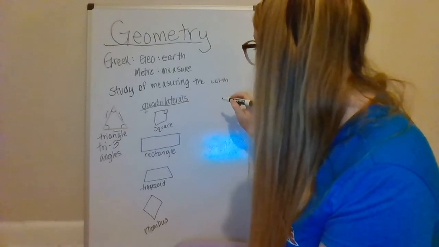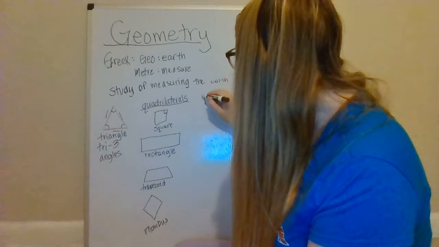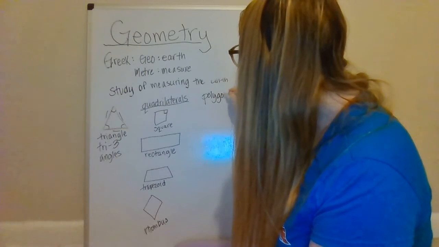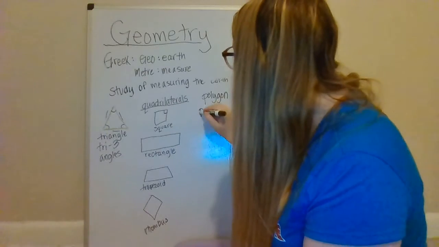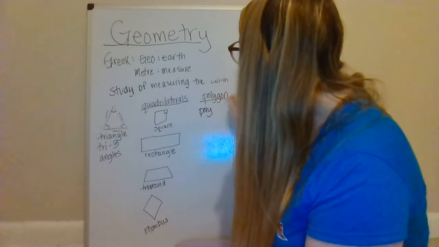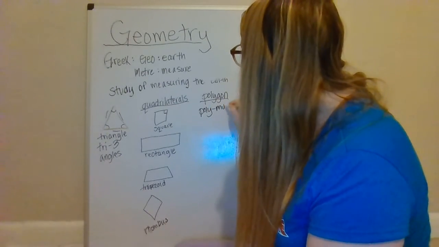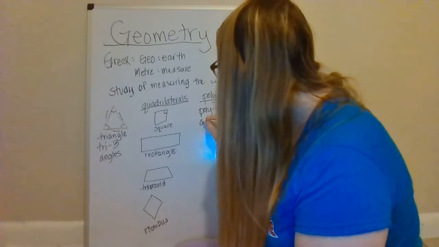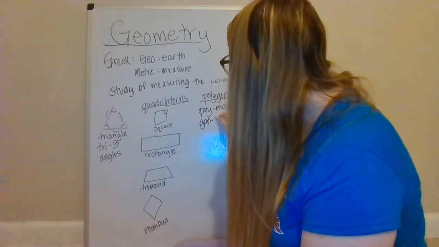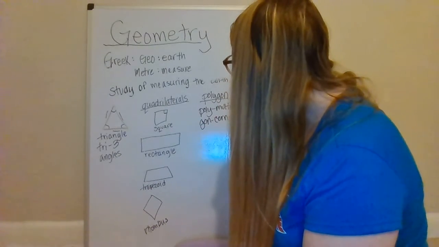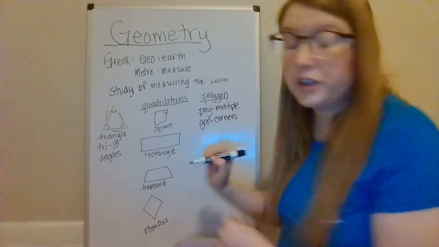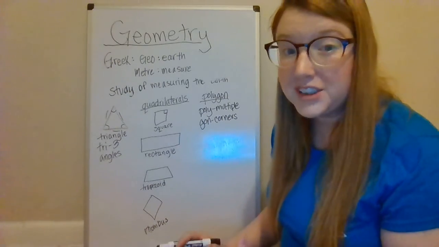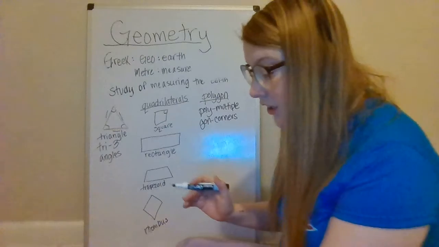Then we get into our polygons. Poly means multiple. Gon means corners. There are more polygons than you're going to get into in this lesson, but that's just what polygon means.